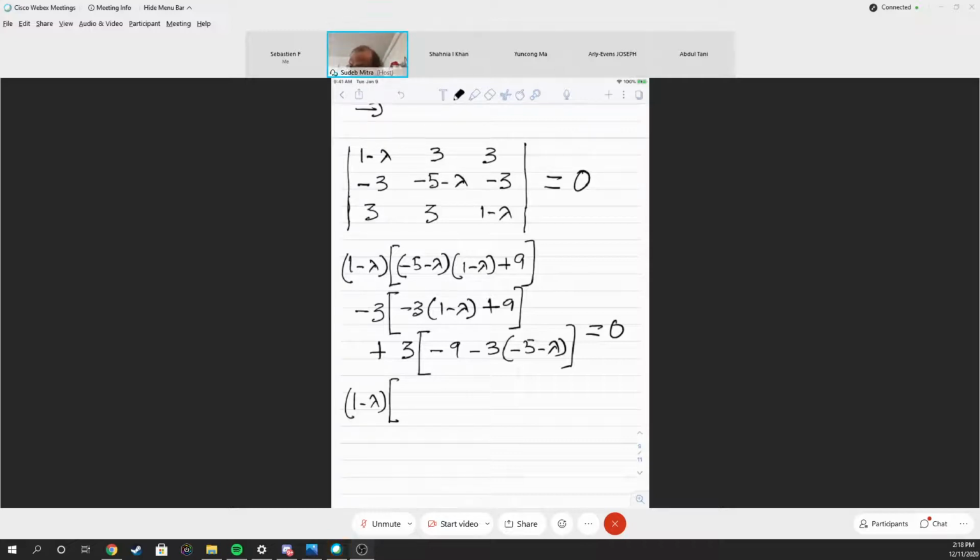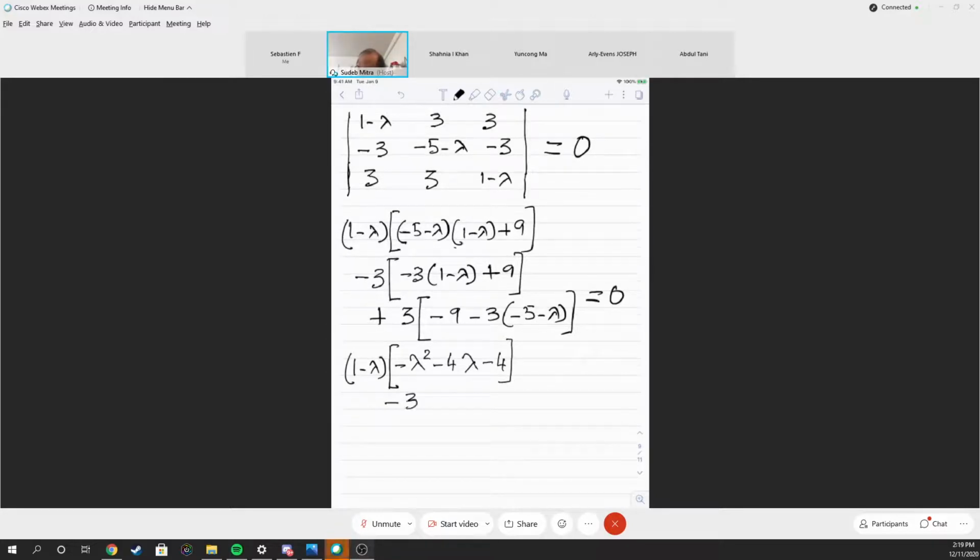Okay, got it. So what do I have? Lambda squared, minus lambda squared minus lambda plus 5 lambda, 5 minus lambda plus 4 lambda minus 4 lambda, minus 5 plus 9, 9 minus 5 is 4 minus 4. I can see what is happening.